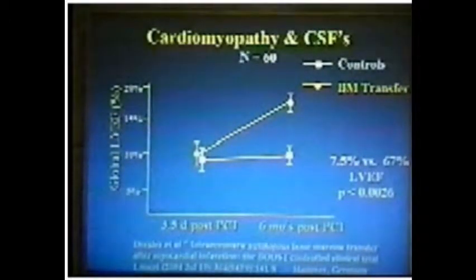And this is the left ventricular function, a measure of how well they're pumping, the status of this myocardial cell and its pumping efficiency. At 3.5 days after the MI, all 60 people had routine coronary angioplasty and stent placement for their heart attack. Their left ventricular ejection fraction was sitting at about 10%, which means about an 80% wipeout of their left ventricular function, and they were in left ventricular failure.